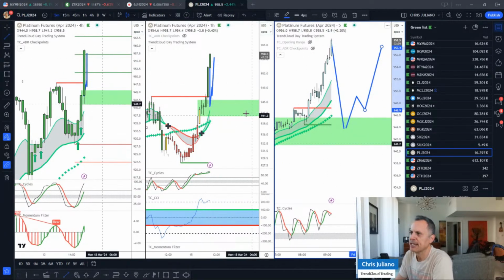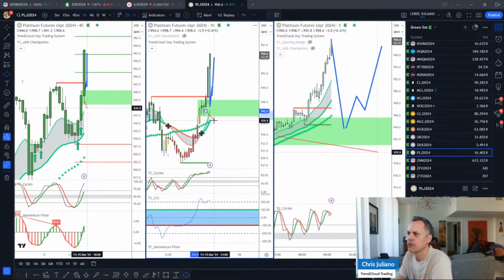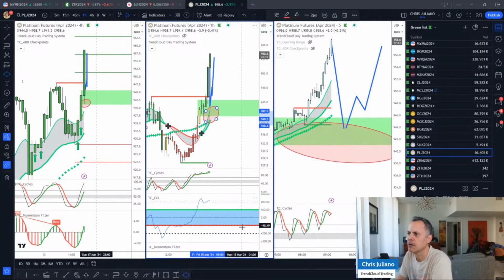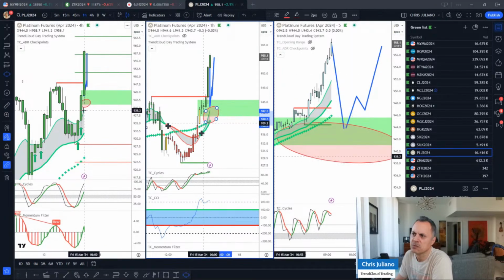As we pull back, it's also pulling back into a demand zone on the 1 hour chart, rally-based rally. We also have trend cloud support right here. And we're pretty close to the trend cloud on the 4 hour chart, but we have momentum on the 4 hour.